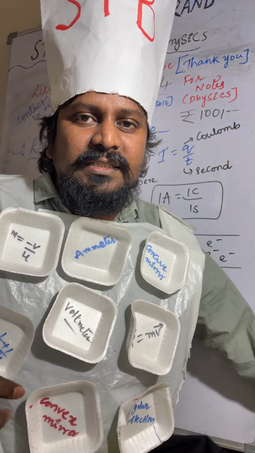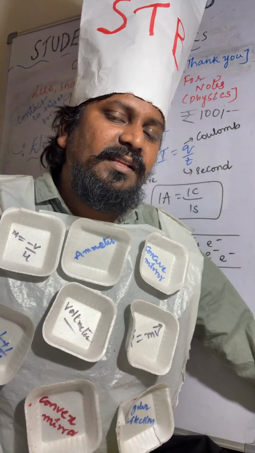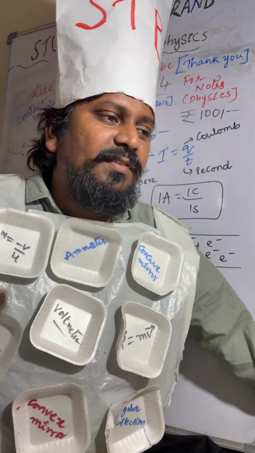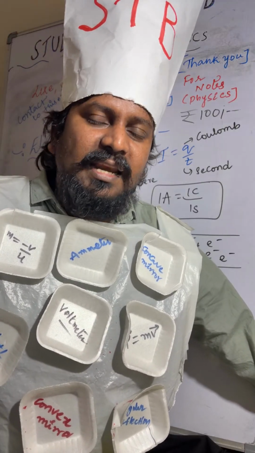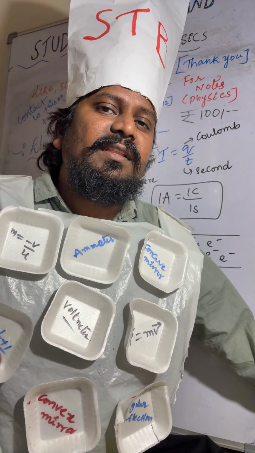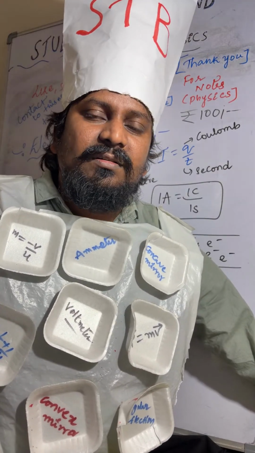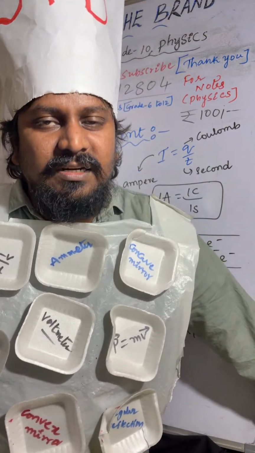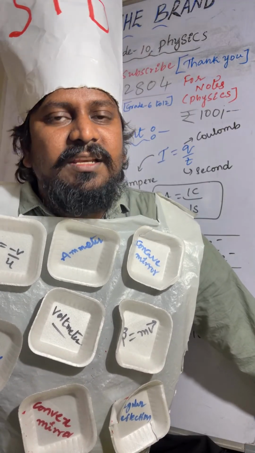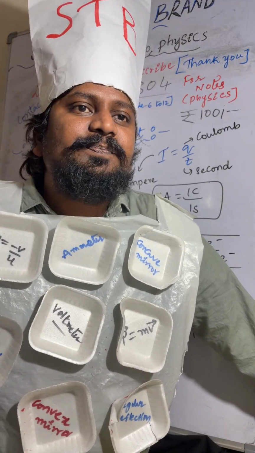Now we will discuss electrical elements. After that, we will discuss electric circuit. After that, potential difference, electrical potential. All these points we'll discuss. After that, Ohm's law, then the differences between resistance and resistivity, then resistors connected in series combination, and resistors connected in parallel combination.